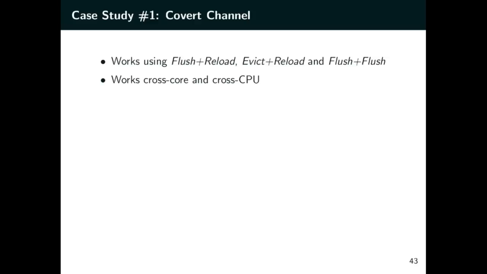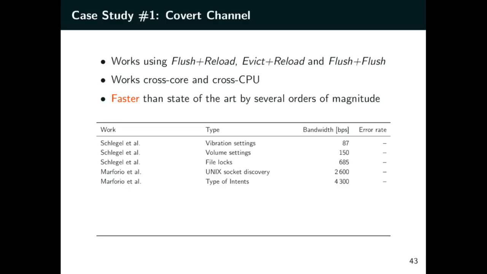So our covert channel works cross-core and also cross-CPU, and is way faster than any of the state-of-the-art covert channels which have been published. So, for instance, we had a covert channel using the volume settings, and it only got 150 bits per second. Or one using the type of intents with 4K bits per second.